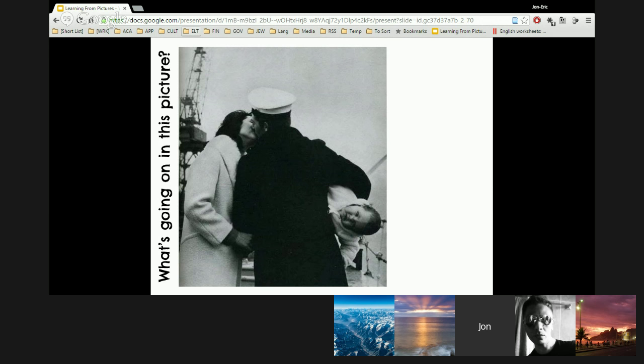And how would you feel if you were the baby? Javier, if you were in that situation, how do you think you would feel if you were right there with them? What do you think is the emotion at that moment? I think that they are from America, so the guy, I think he's really proud to go to the war.